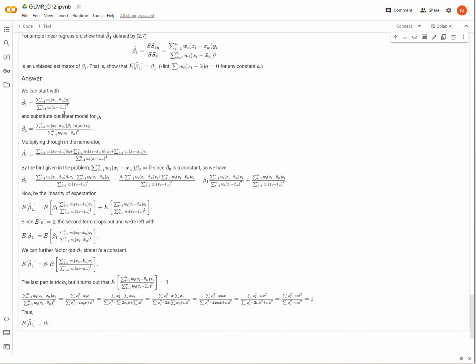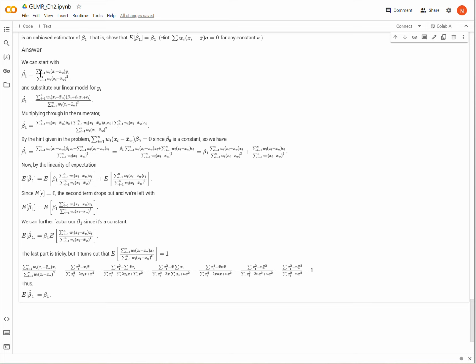Here we have our equation for beta 1 hat, which is just what is given to us. We're going to take that y and substitute in our linear model for y, which is this. Our linear model for y is the true beta naught plus beta 1 x plus epsilon.